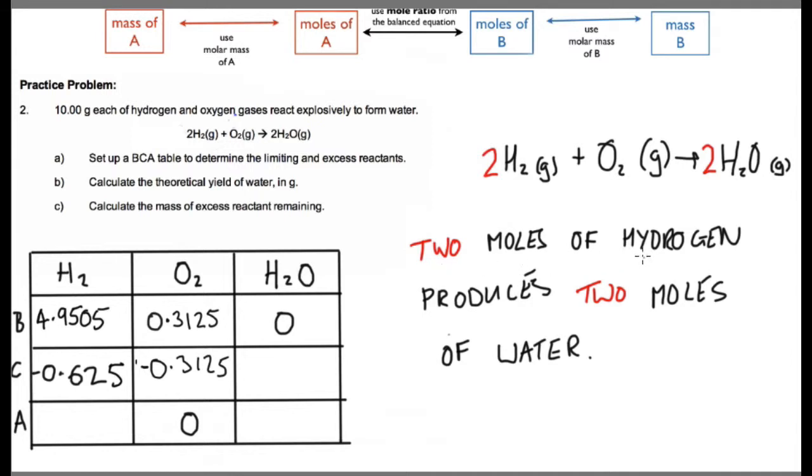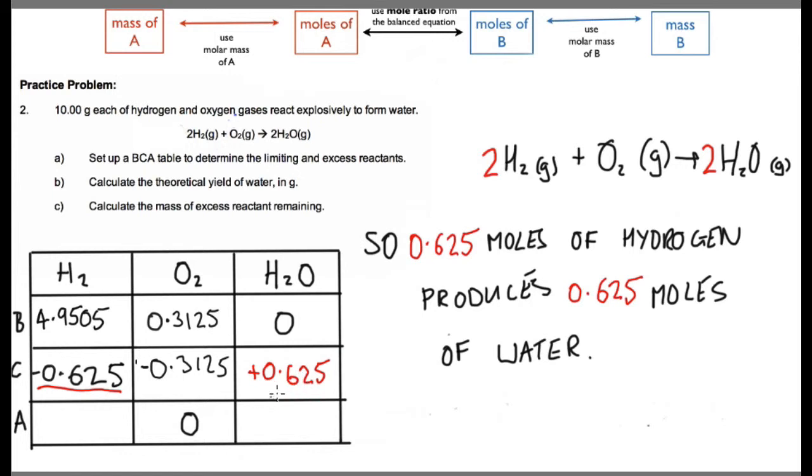And 2 moles of hydrogen, we can see in the reaction, gives us 2 moles of water. So the ratio is 1 to 1. If we had 4 moles of hydrogen, we'd produce 4 moles of water. If we had 10,000 moles of hydrogen, we'd produce 10,000 moles of water. But we in fact have 0.625 moles, and so we are going to get 0.625 moles of water. They are the same, they are equivalent.